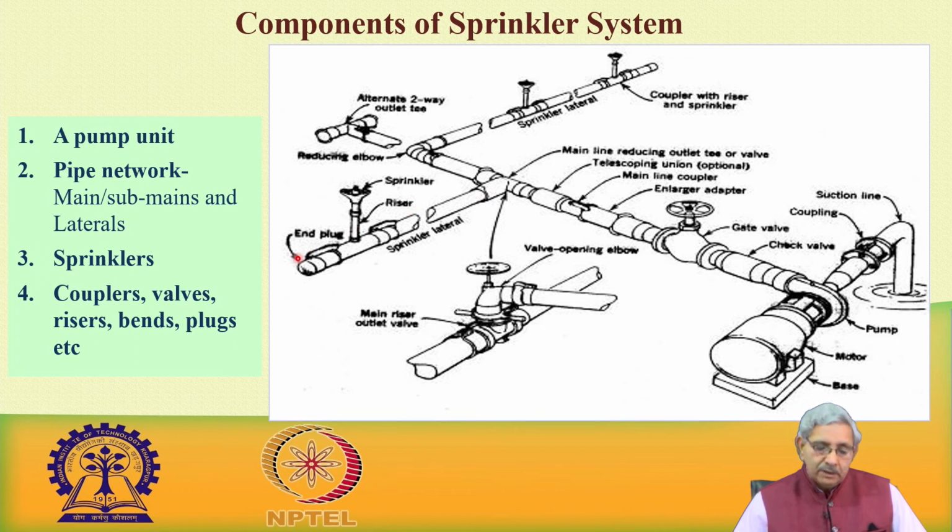In order to terminate the flow in the lateral, an end plug has been provided, and then the water, when we want to apply water to the set of laterals, just now when I was telling you about the solid set system.